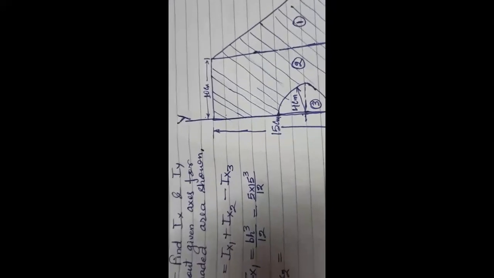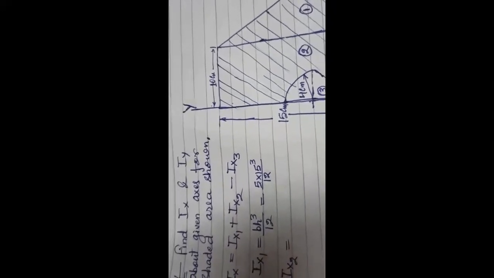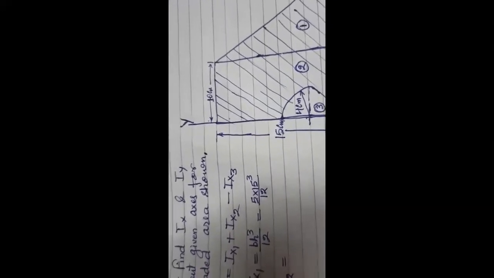Now Ix2 for the rectangle. For this rectangle about this baseline, we have determined in an earlier lecture the formula for a rectangle about its base, which is BH cube by 3.